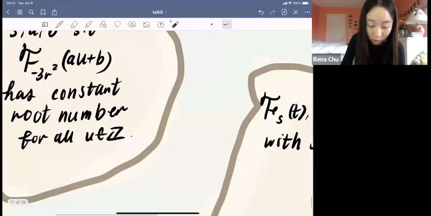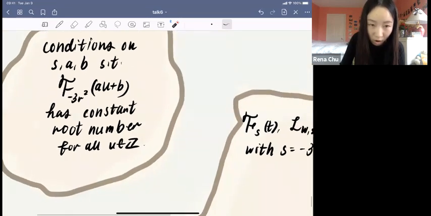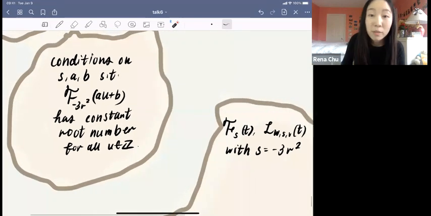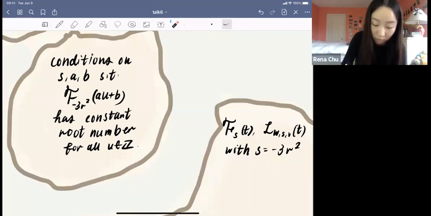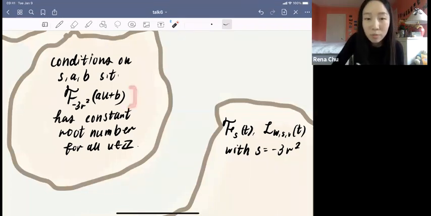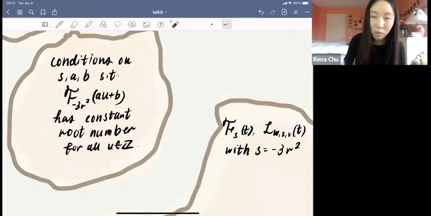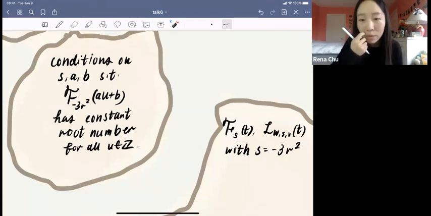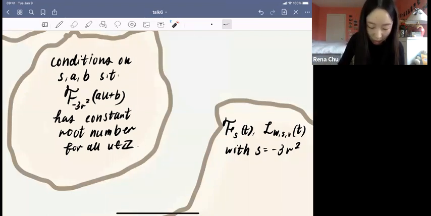And then our final result gives conditions on S, A, and B such that this subfamily has constant root numbers for all integer fibers. From this result, we have at our disposal many, many examples of families with constant root numbers. Again, integer fibers.